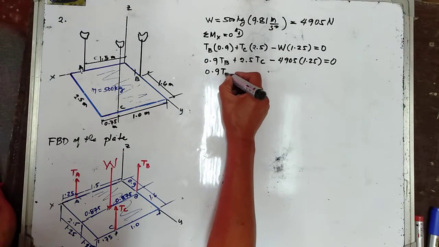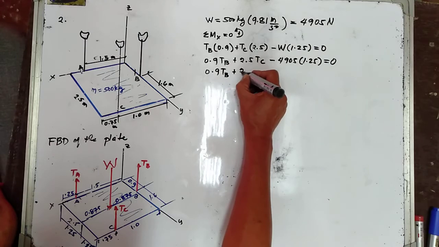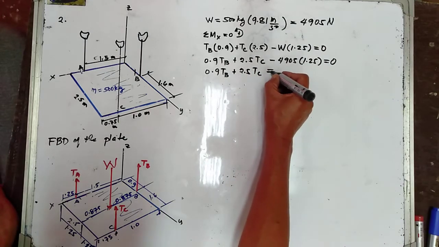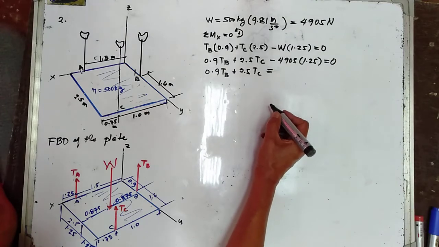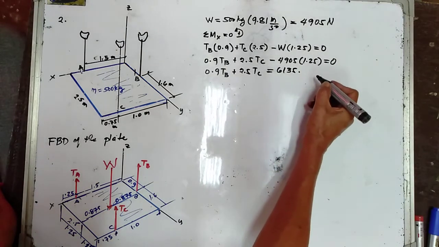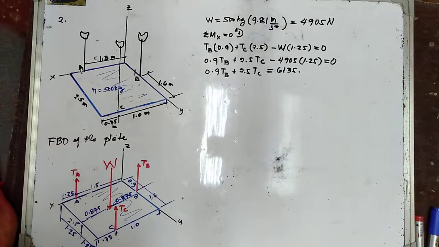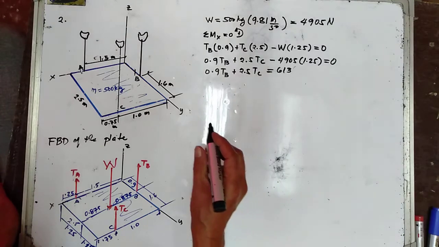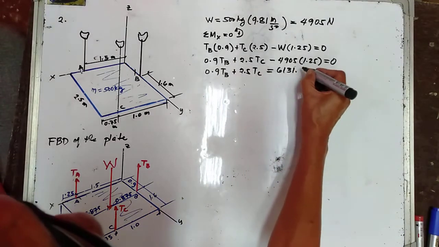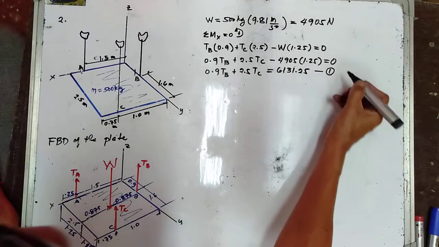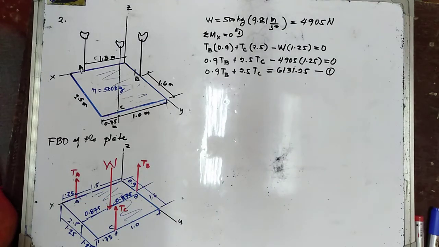So 0.9 tension in B plus 2.5 tension C is now equal to 6131.25. Let's call this the first equation.